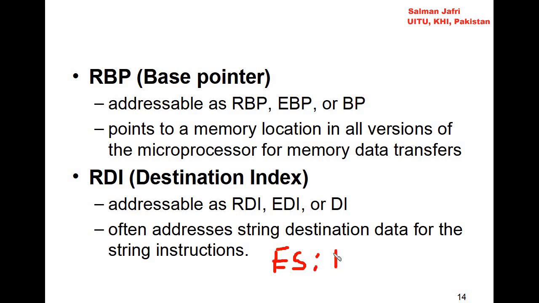So when we carry out string instructions, DI is referred along with the ES or extra segment register for the generation of a 20-bit physical address. Remember I told you 16 bits of segment address combined with 16 bits of offset address would generate a 20-bit physical address in the original Intel family.